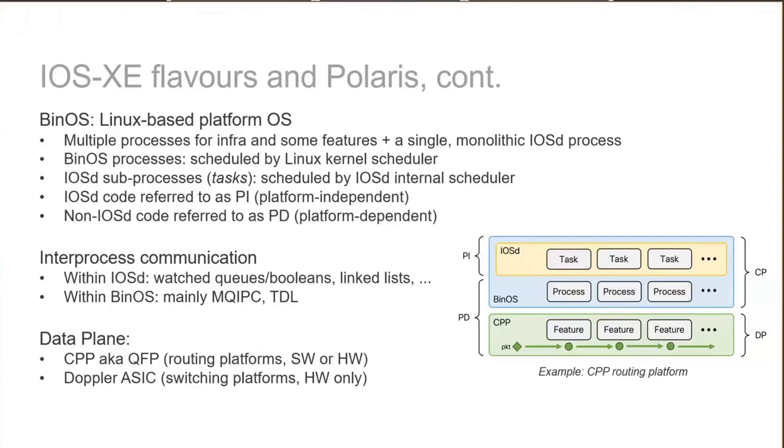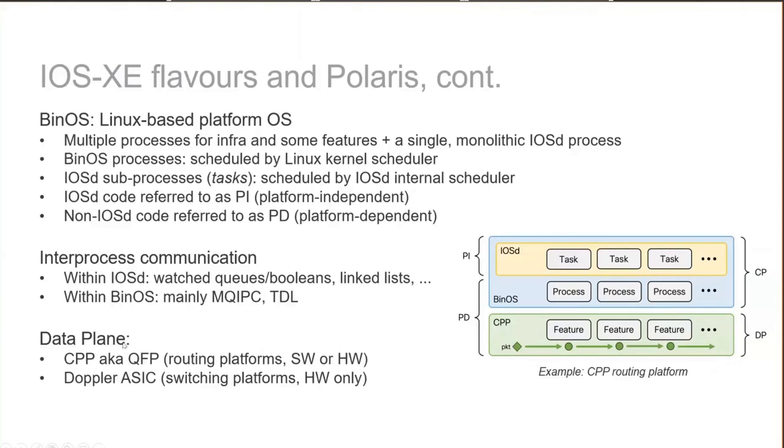So for inter-process communication, within IOSD, we have watch queues, booleans, linked lists. That will be internal to the IOSD, and within BinOS, like the communication between iOS processes and the other processes, IOSD and other processes will have MQ, IPC queues and TDL queues.